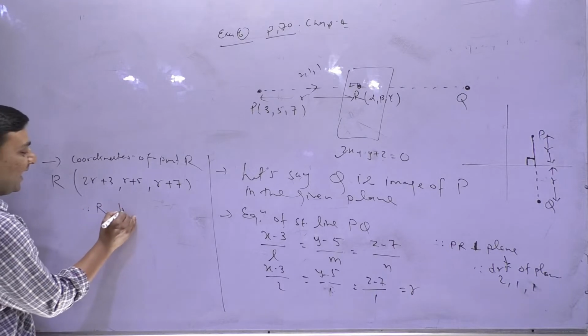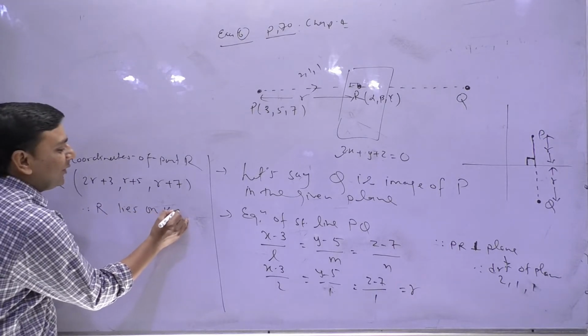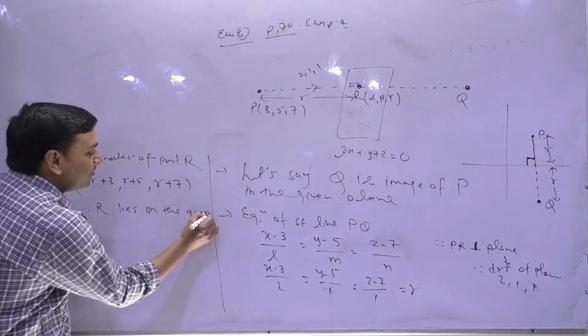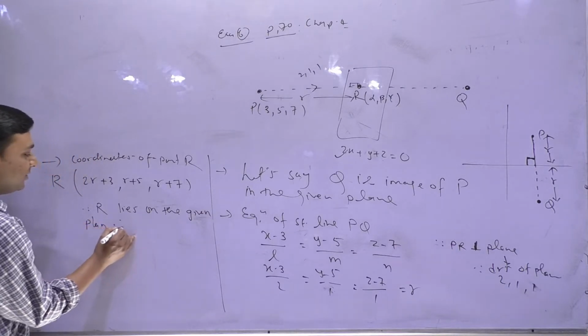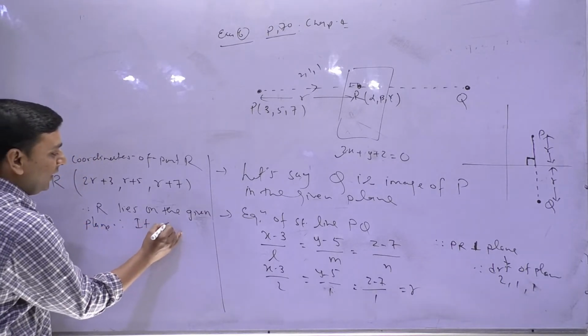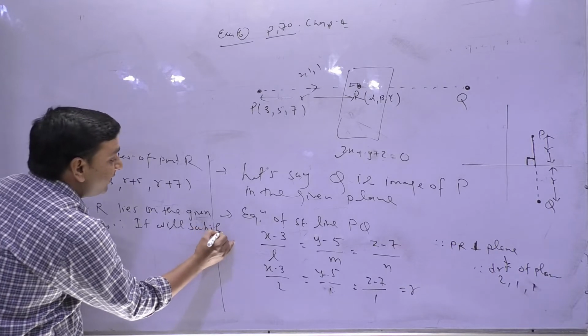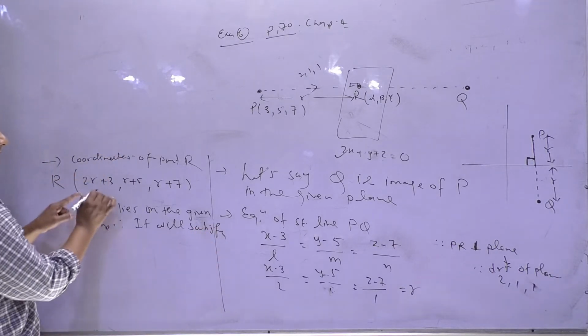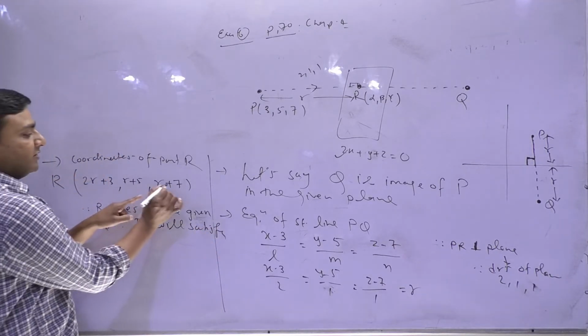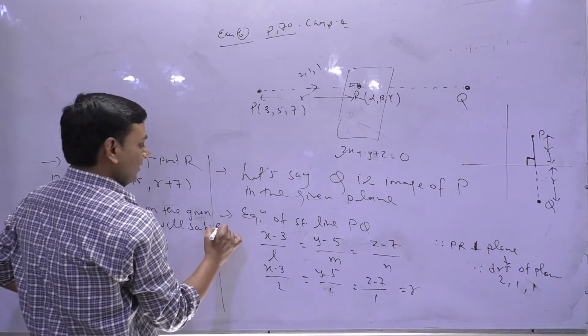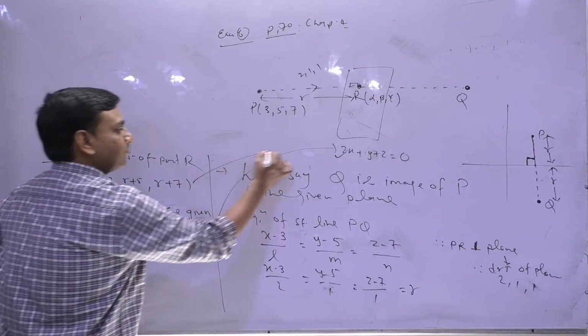Since R lies on the given plane, it will satisfy the plane equation. So on satisfying, x की जगह this, y is this, z is this in the given plane.